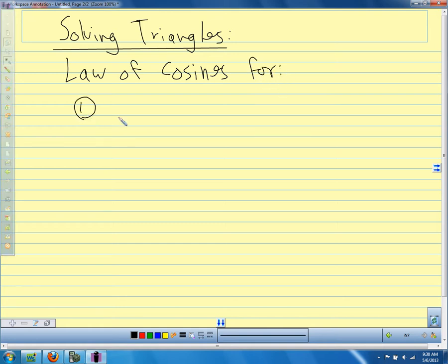We use law of cosines for a side angle side triangle. So 2 sides, an angle between.